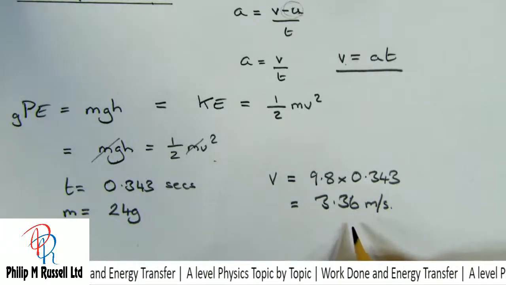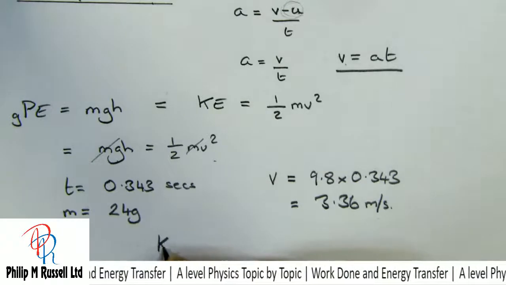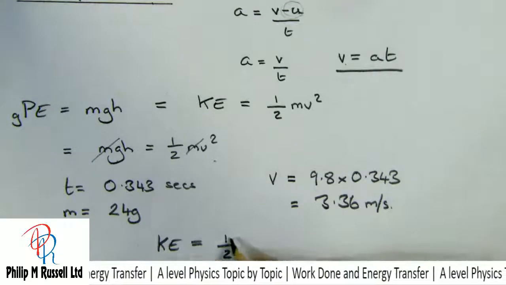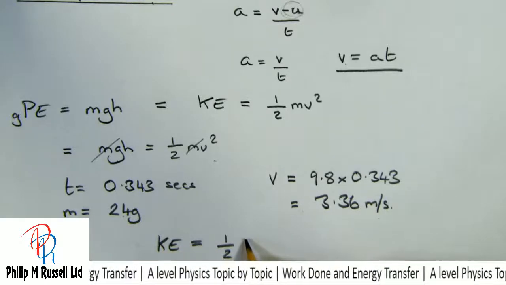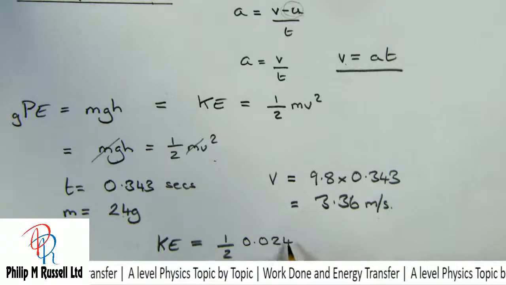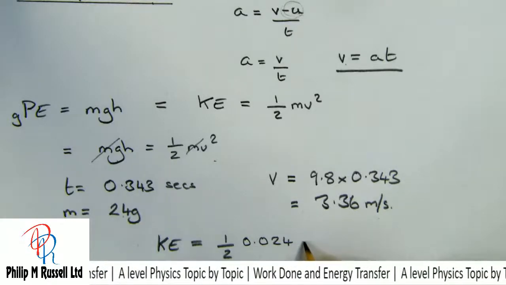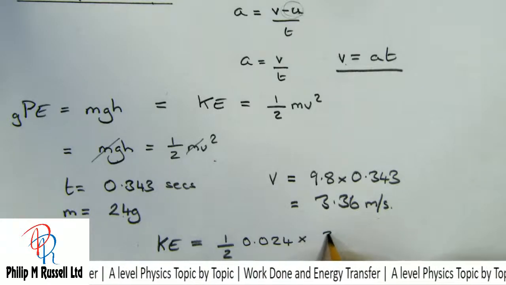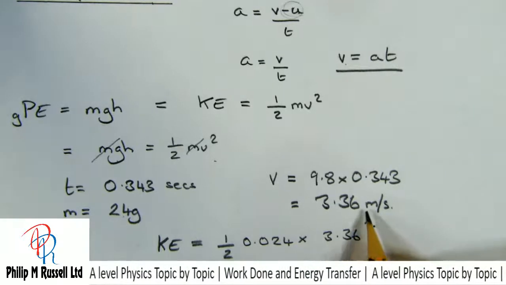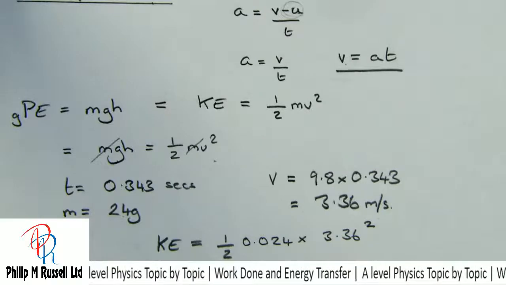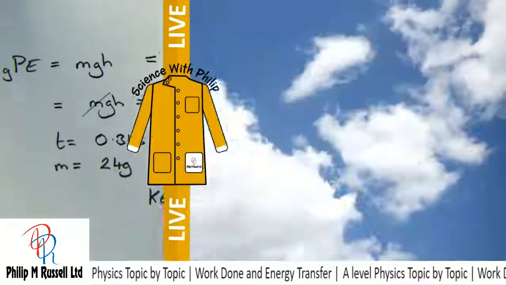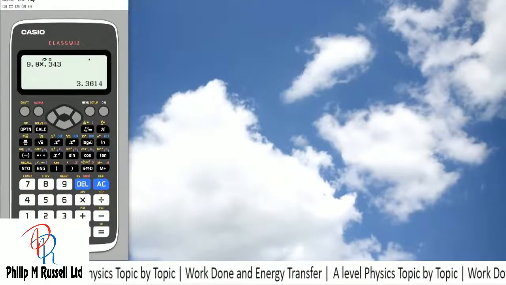That we can relate with our kinetic energy, equaling a half the mass. Now 24 grams is going to be 0.024 kilograms, times 3.36 squared, half mv squared. So we can work out, going to the calculator, what that's going to be.